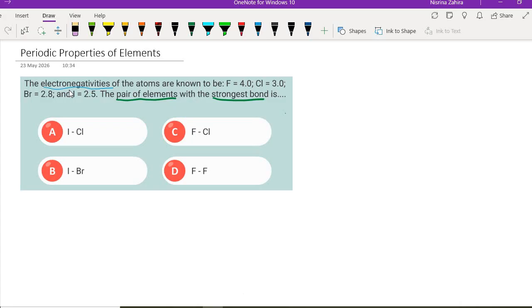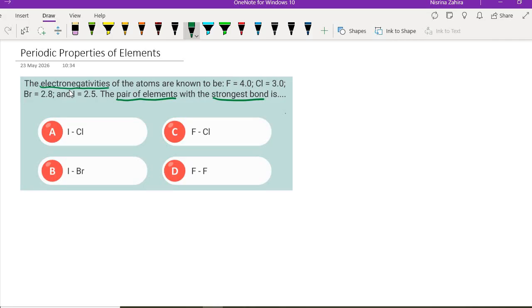Alright, let me explain what the function of electronegativities is in this context. Electronegativity is a value that is beneficial to determine how strong the bond is between a pair of elements.